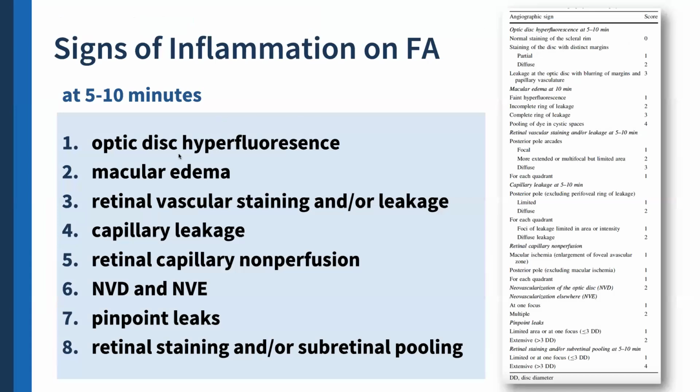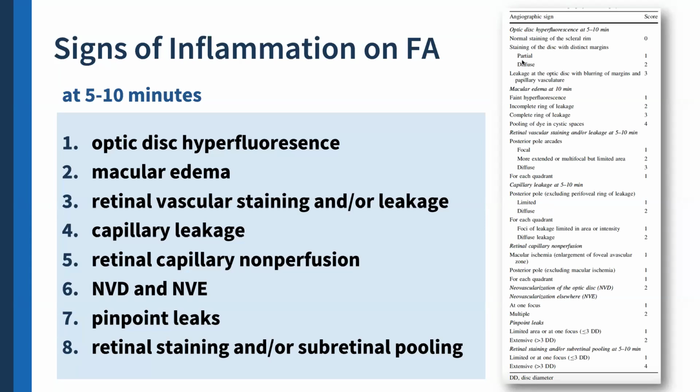So these are the features of inflammation and FA that you need to take a look at. So at 5 to 10 minutes, take a look at the disc, the macula, the vessels, capillary leakage, if there's retinal non-perfusion, NVD, pinpoint leaks, and then you take a look at the retinal staining. And then you can use the grading system presented here as sort of like a guide when you make your descriptions.